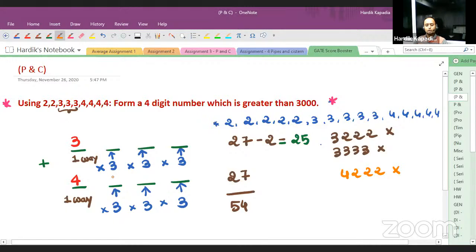Now if I use 3 over here, possible, also possible, also possible. So 4 3 3 3 is possible. So only one number is subtracted from here. So there will be 26 ways. So the total is 51 ways.